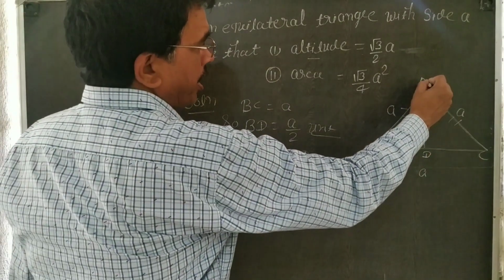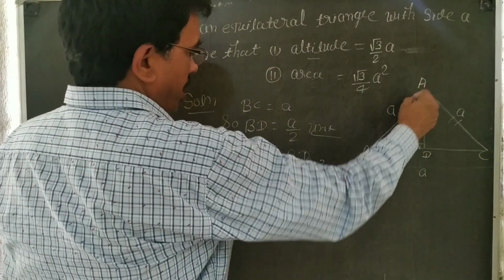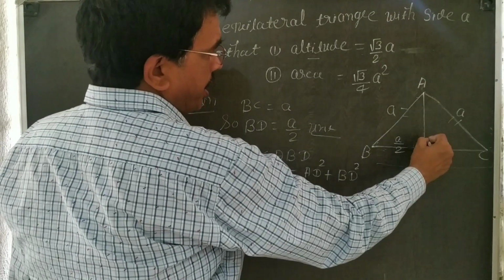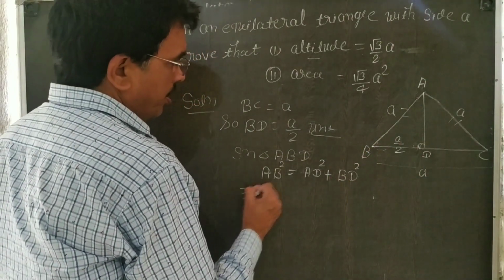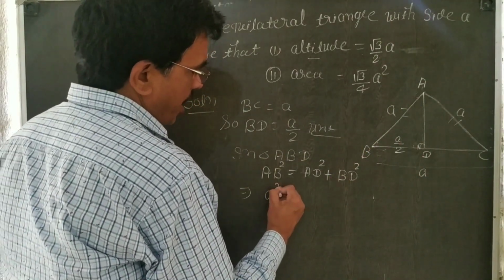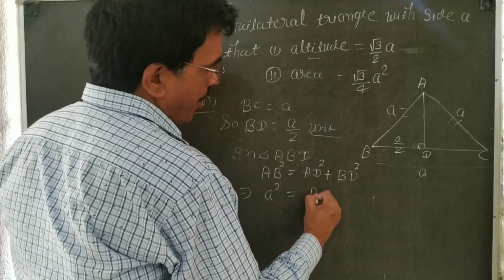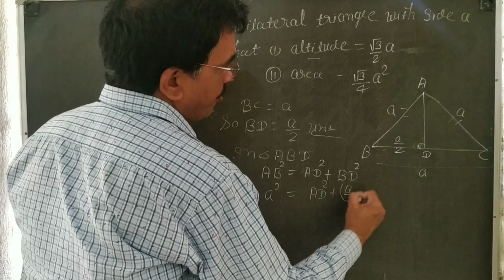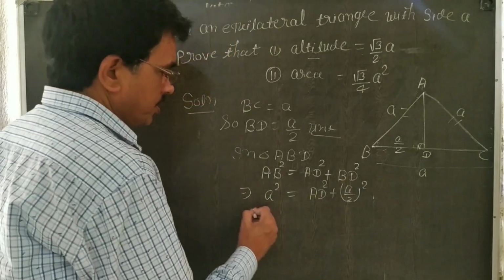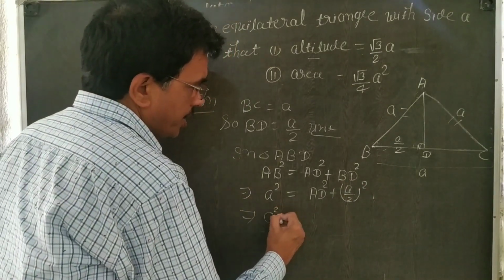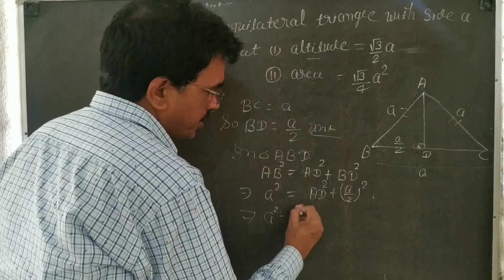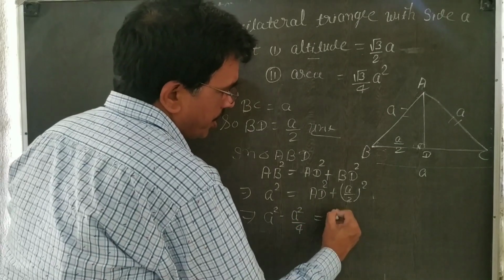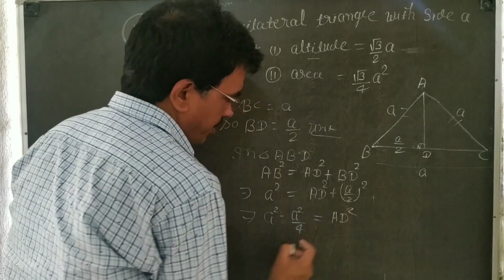In right angle triangle ABD, AB square is A square, AD we have to find, and BD is A by 2 whole square. So A square minus A square by 4 is equal to AD square.